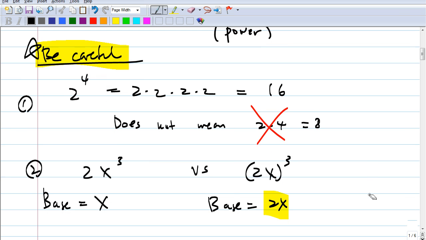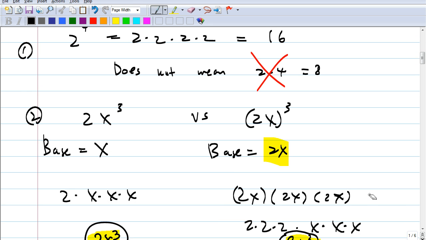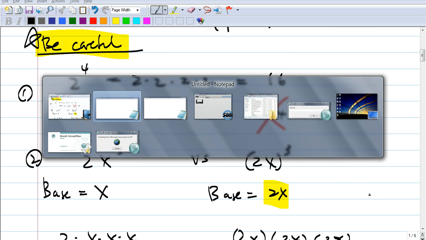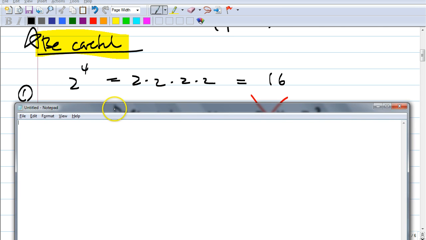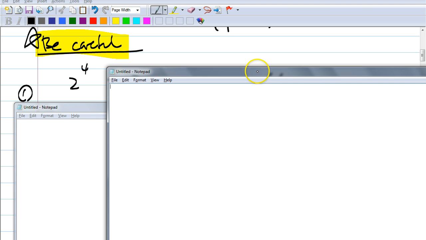Now there are 3 things I would like you to be careful of when you deal with exponential form. First, if I have 2 to the 4th power, what does it mean? Raise your hand.